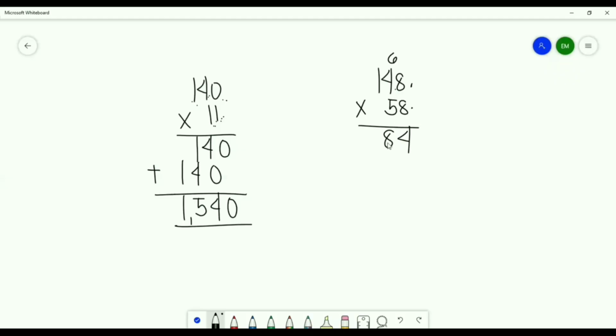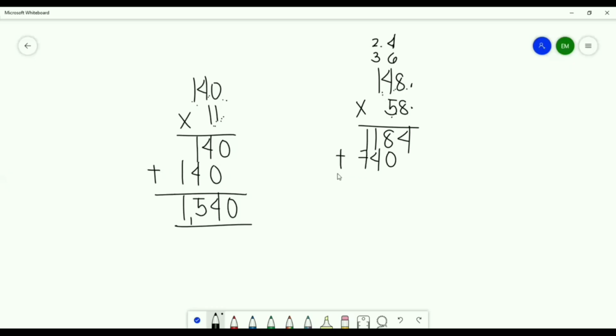We write 8 there and then carry 3. 8 times 1 is equal to 8 plus 3 is equal to 11. Next, 5 times 8 is equal to 40. We write 0 there and then carry 4. 5 times 4 is equal to 20 plus 4 is equal to 24. So we write 4 there and then carry 2. 5 times 1 is equal to 5 plus 2 is equal to 7.